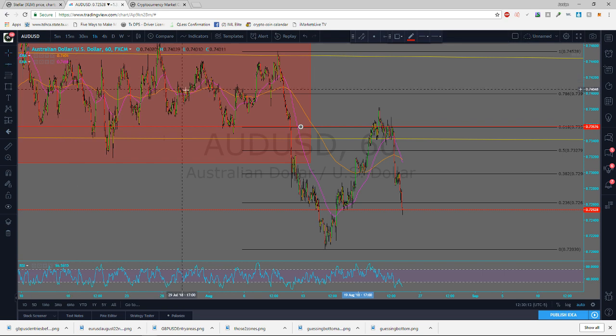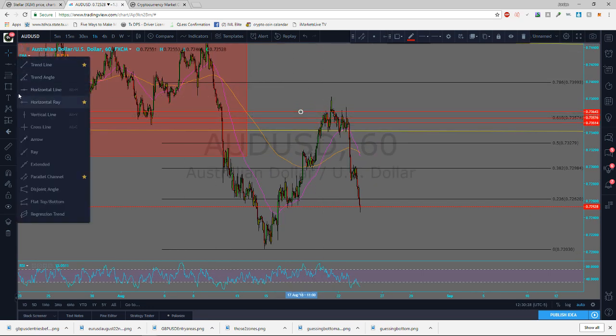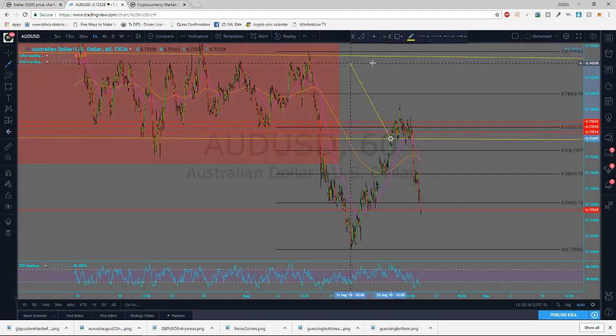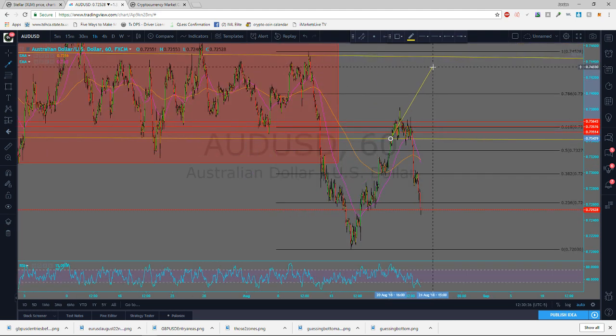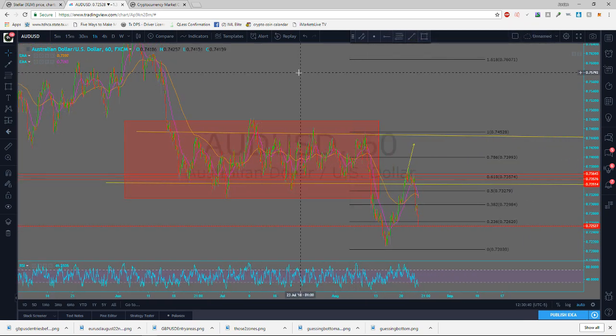Maybe you are a type of person that likes to do it below, so you make sure that you get your entry. Maybe you're the type of person that likes to do above, look at past wick structure, maybe around here, and look for that entry. But anyway, price can go ahead and shoot right through this area and keep going up.